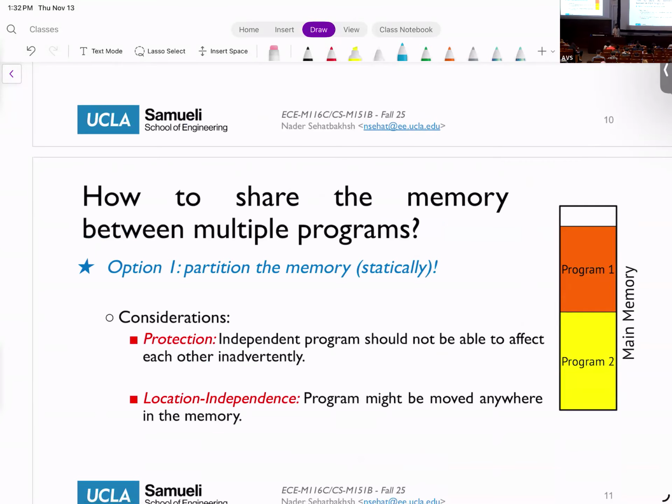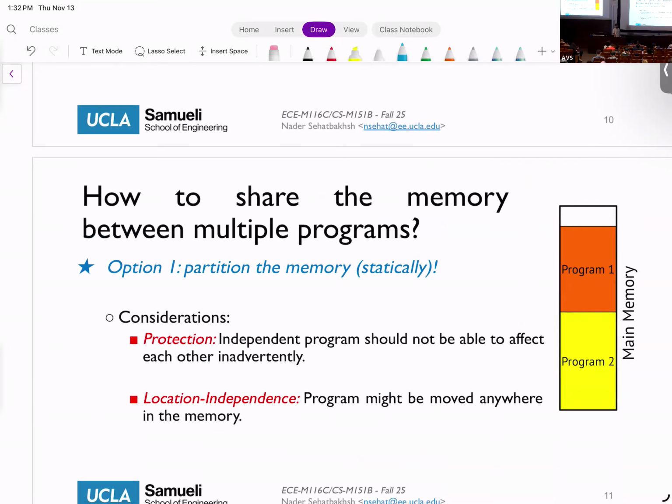So the actual absolute addresses might be different from one computer to another, or even when I reboot the system, I might load it differently. So my program should be able to execute correctly regardless of where it's stored. It somehow should be independent from the absolute locations in the memory. So I need to make sure two things happen. One is the protection. The second thing is location independence.